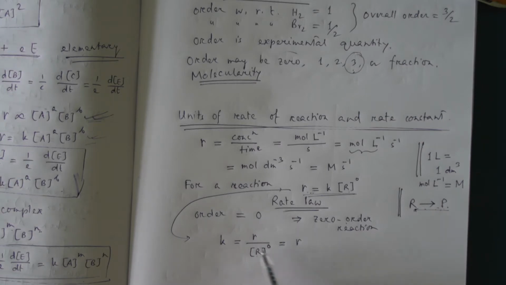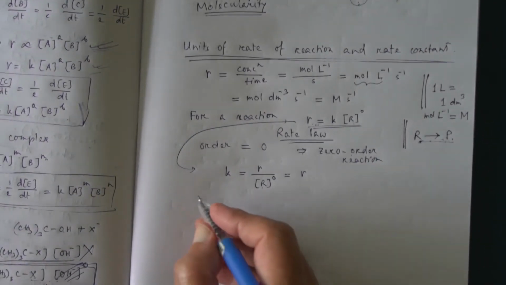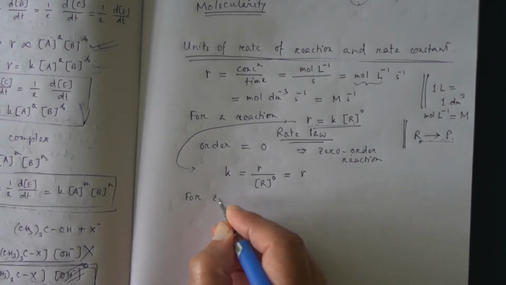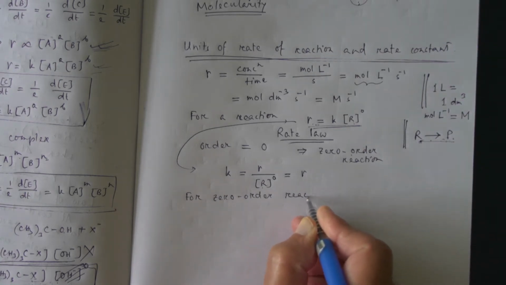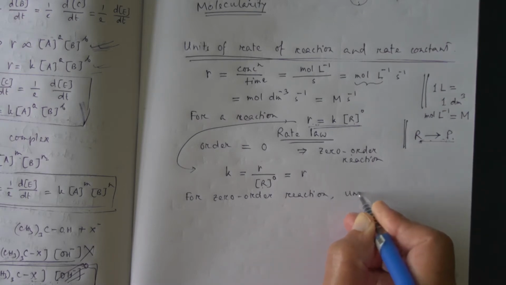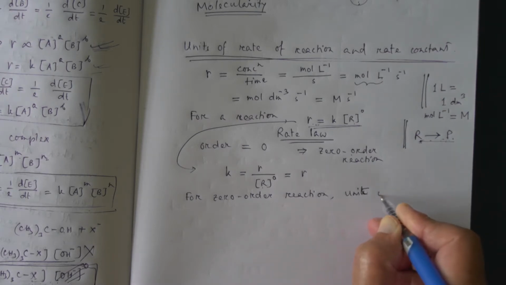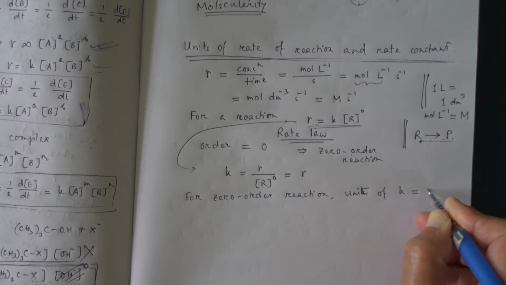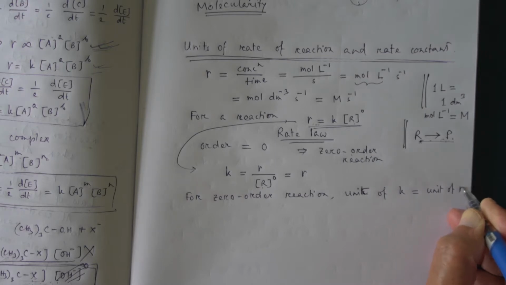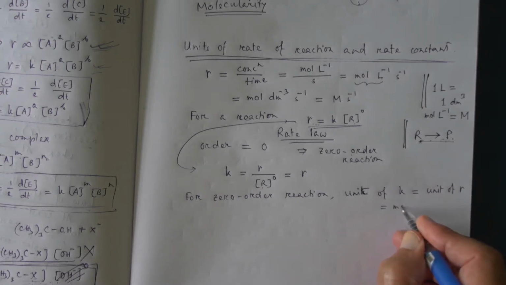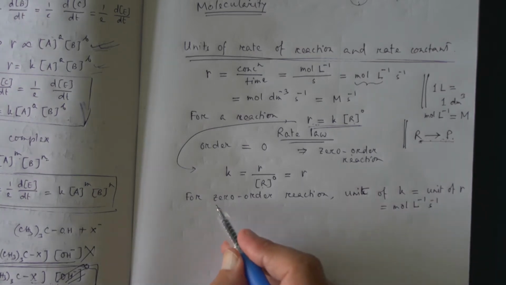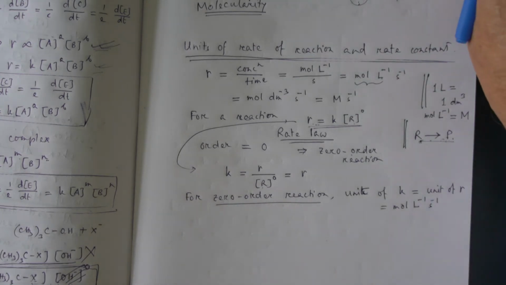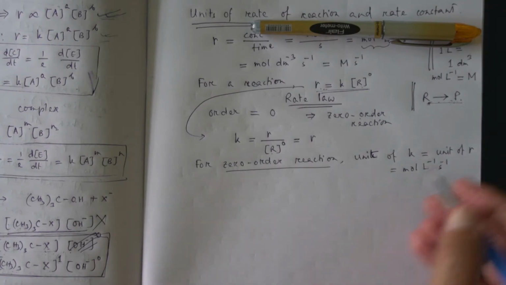So this is equal to R. That means for zero order reaction, unit of K, rate constant, equals unit of R, and that is equal to mole per liter per second for zero order reaction.